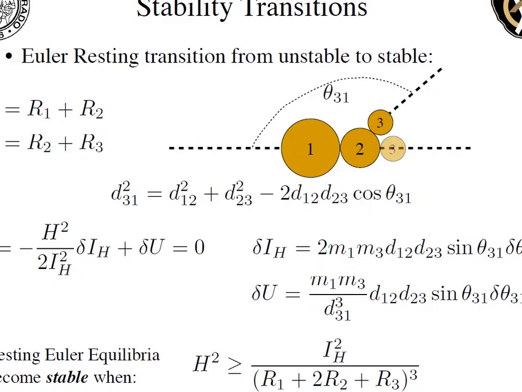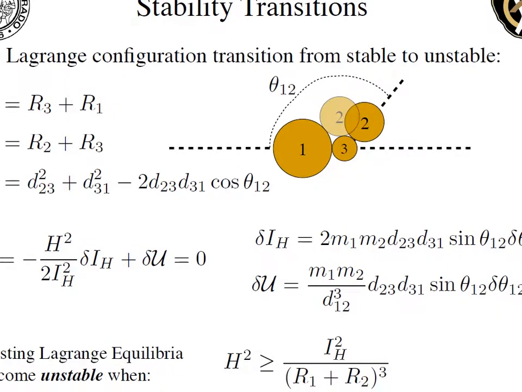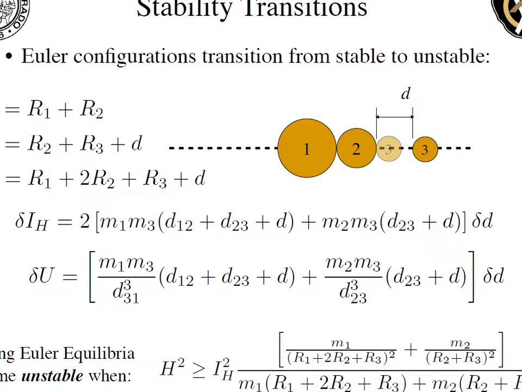Similarly, we can study when this resting Lagrange configuration transitions from stable to unstable, coming up with some different criteria, and finally come up with a condition for when the Euler resting configuration actually becomes unstable and the two bodies want to separate from each other.